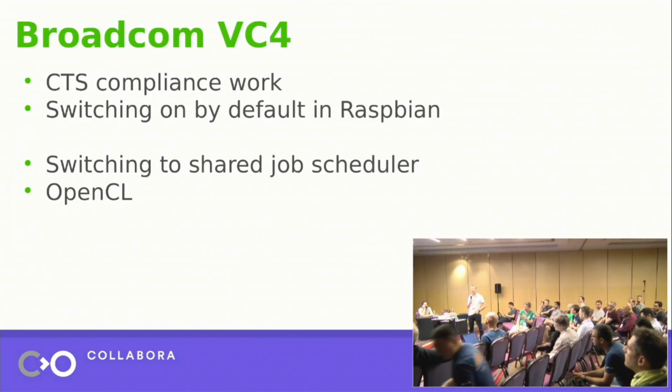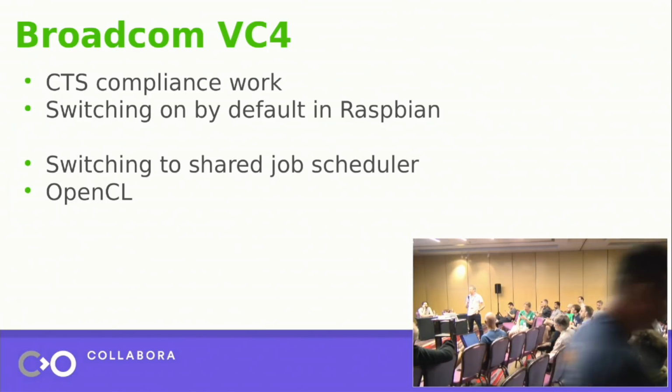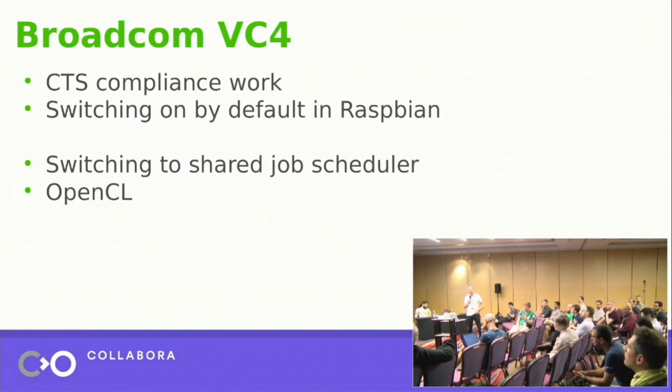But maybe it needs a shrinker to kind of help free up memory. And the other problem with VC4 is it's CMA based, I think, and probably is not a solvable problem.